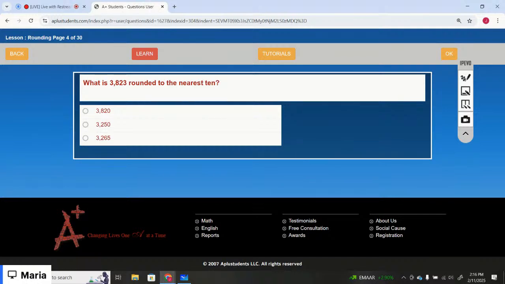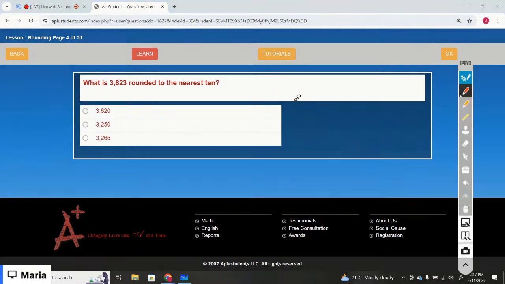What is 3823 rounded to the nearest 10? You need to round off to the nearest 10. In 3823, 2 is at the tens position, and right next to 2 you have 3. 3 is less than 5, so you need to round down on the same 10.